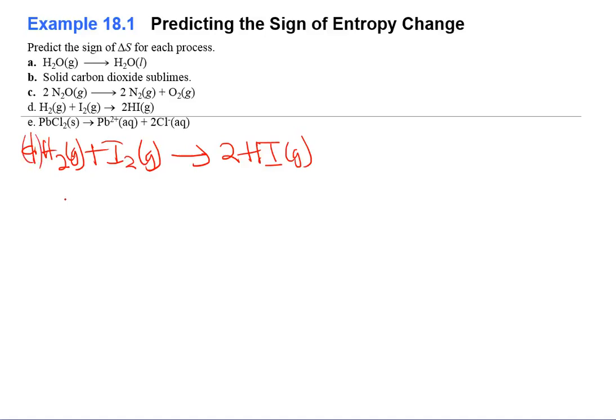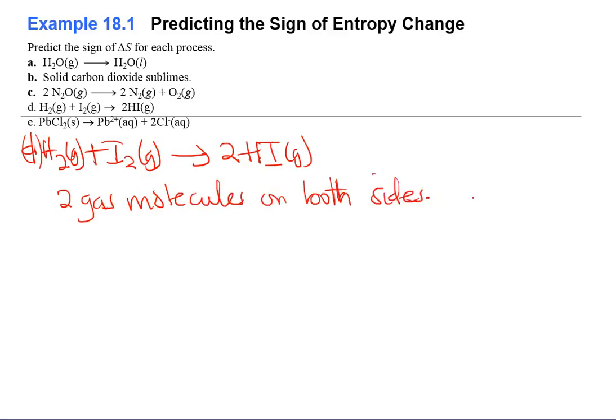In this case, we have two gas molecules on both sides. This tells us that the delta S is approximately equal to 0. So the change in entropy will be equal to 0 because on the left side we have two gas molecules, on the right side we have two gas molecules.